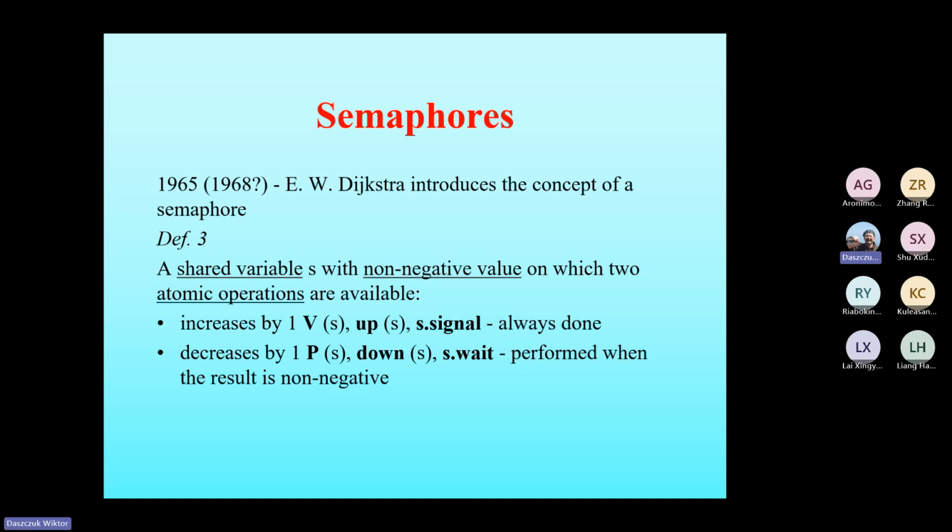Operation V is always successful because it is raising up a semaphore. But operation P is pulling down the semaphore. So we can pull down the semaphore always if it's up. If it's down, we must wait under the semaphore, like this second train.